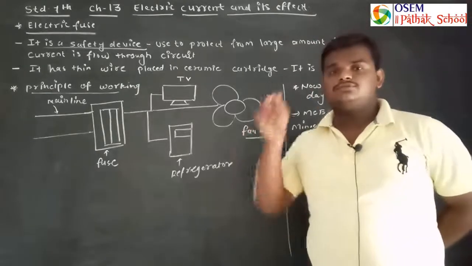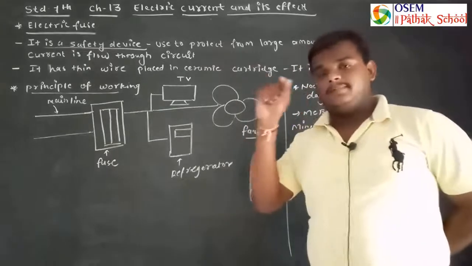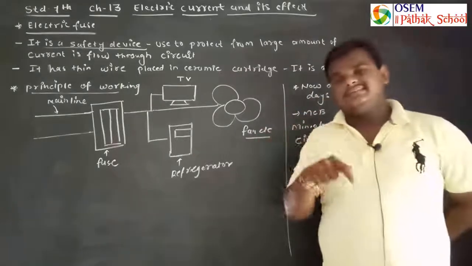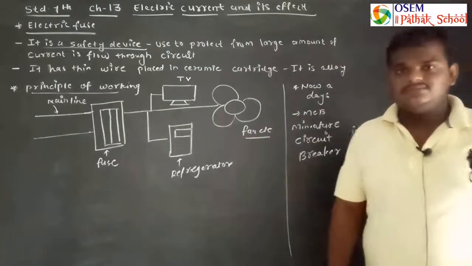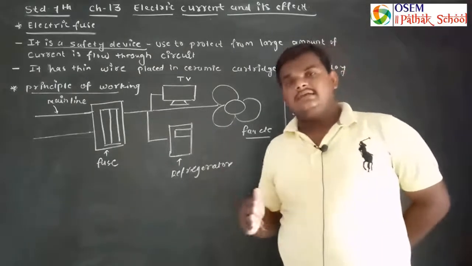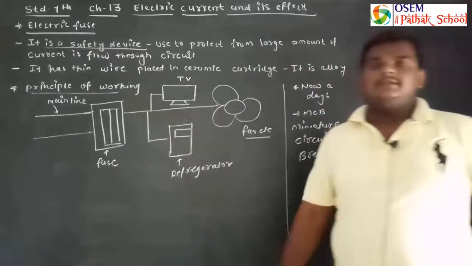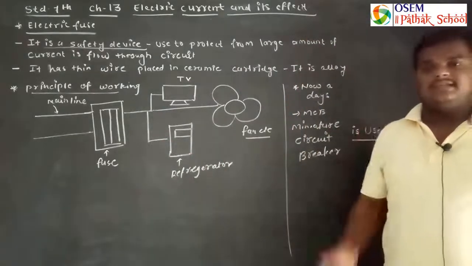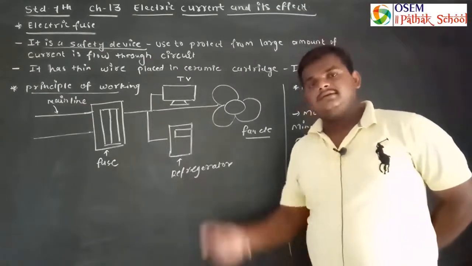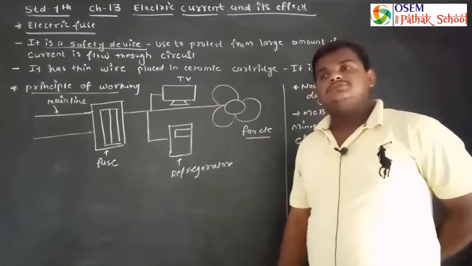Then it flows through all our appliances like a fan, a tube light, a refrigerator, a TV, an AC, etc. And if the current flowing is higher than the desired amount, it can break and damage our appliances. So to protect them, the electrical fuse is used.